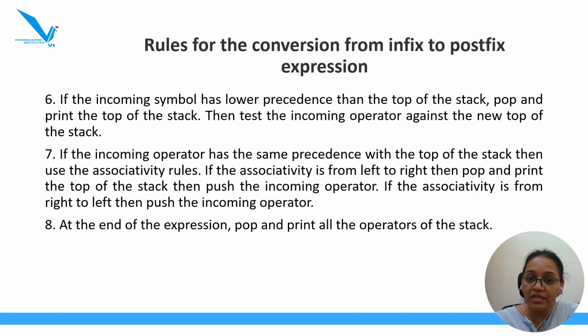In case it is left associative, you have to pop and print the top of the stack, and then push the incoming operator. However, if the associativity is from right to left, then directly push the incoming operator.